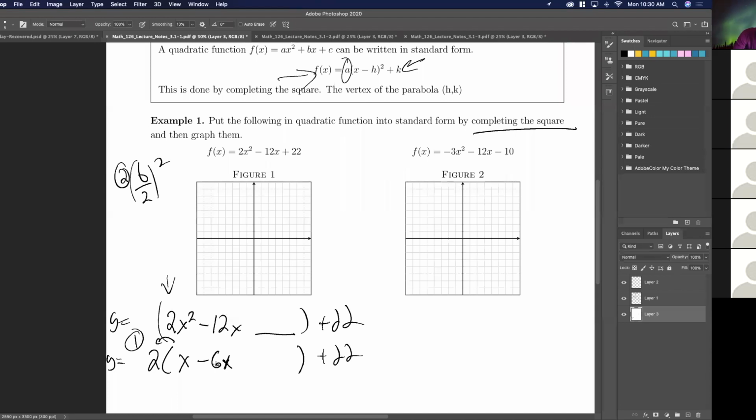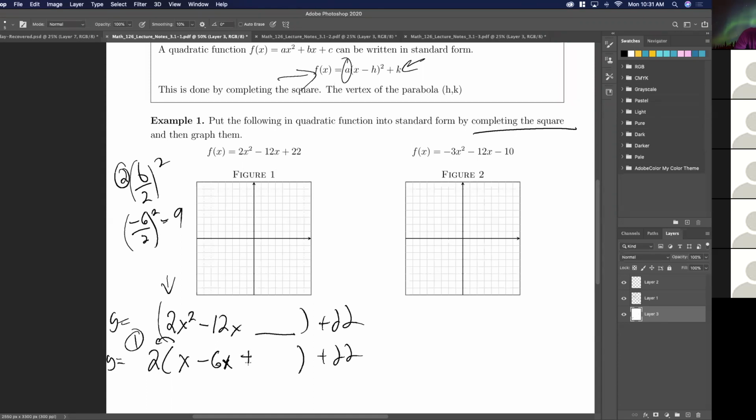In this case, our b term here is minus 6. We're going to divide that by 2, which gives us negative 3, and we're going to square it, which gives us 9, okay? And the reason we do that is because that completes the square.